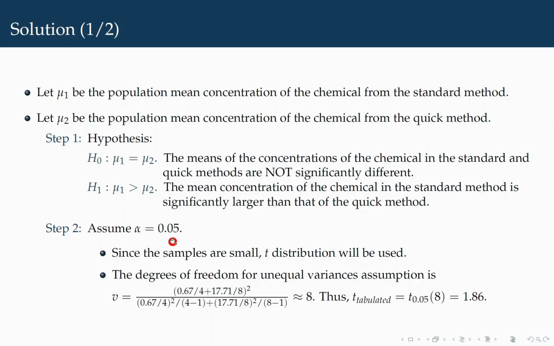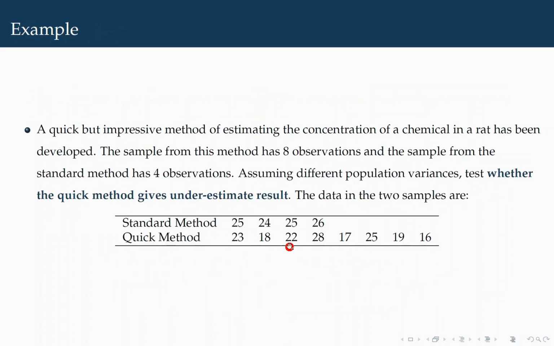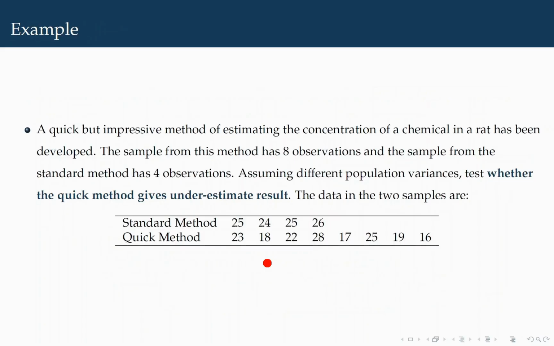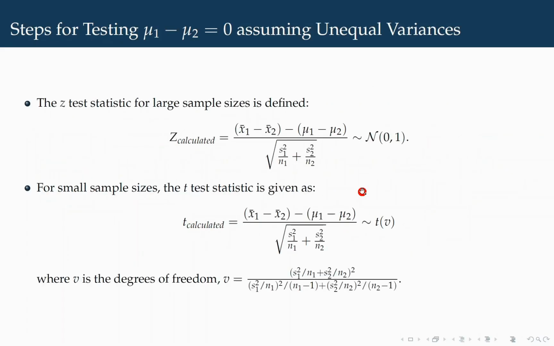Next, let's assume the level of significance as 5%. Alpha is 0.05, and here the sample sizes are small, therefore we need to use the t distribution. Under the assumption of different variances, the degrees of freedom is calculated using this formula.